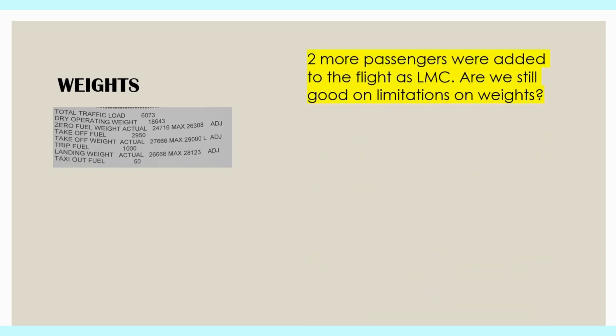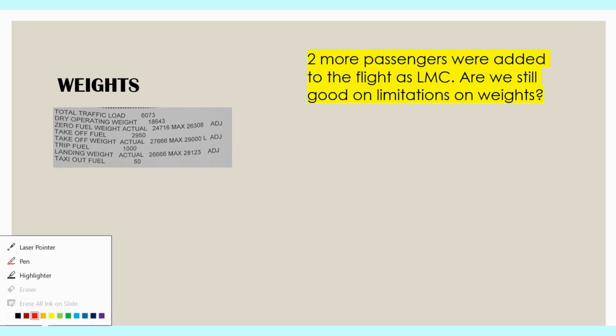Alright, the next thing are the weights. So the weights come in this particular part of the load sheet. Very simple to understand. The total traffic load, basically, okay, you can ignore this one that I've just put here. Don't worry about that for now.